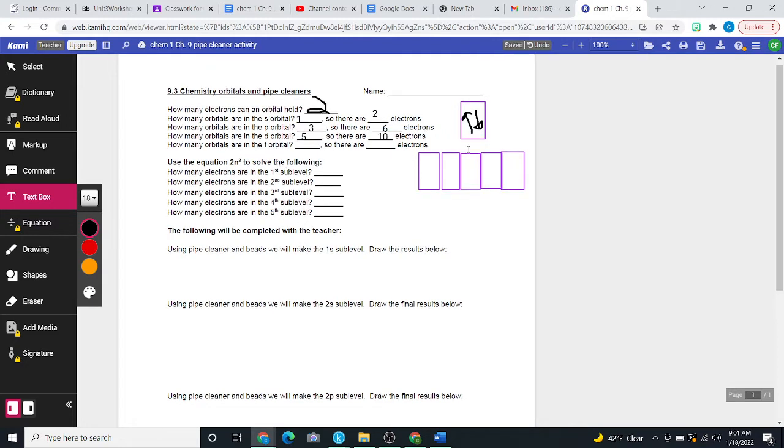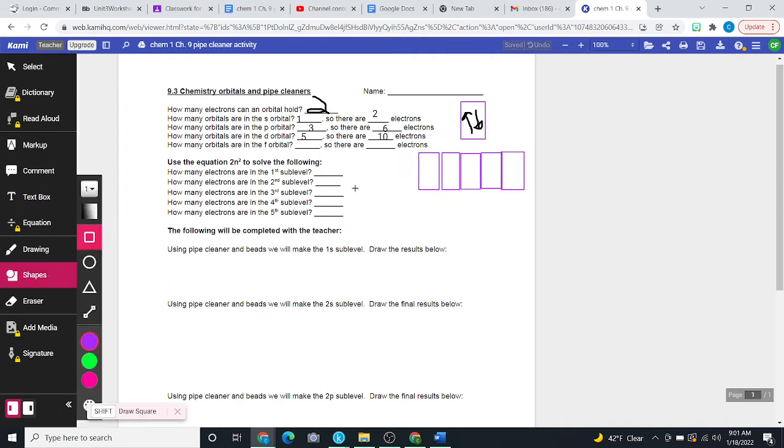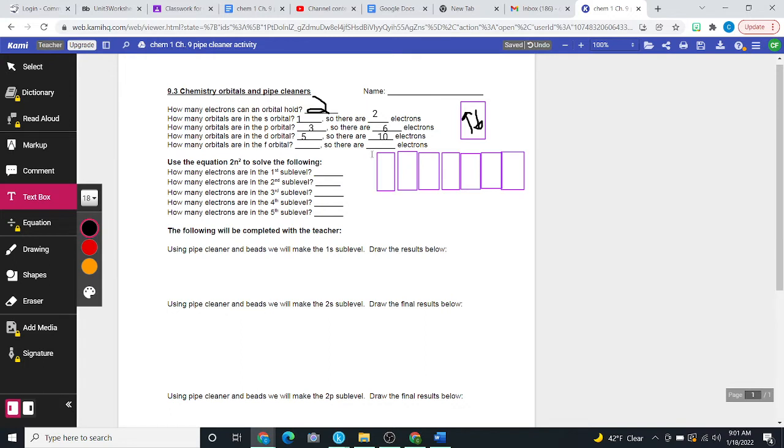Now F, I'm not going to do it, but you would add, well, I guess I can. I've already added the rest. F, you would add 2 more boxes. Now, they would connect. Mine have little spaces in there. It's just because I don't work Cami well. But if I were to draw this by hand, I would do 1 big box and then kind of break it into 7.